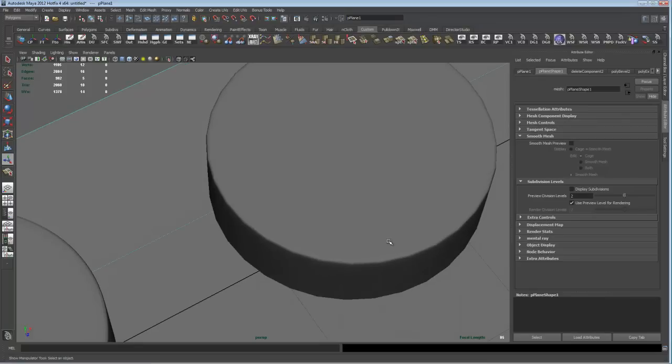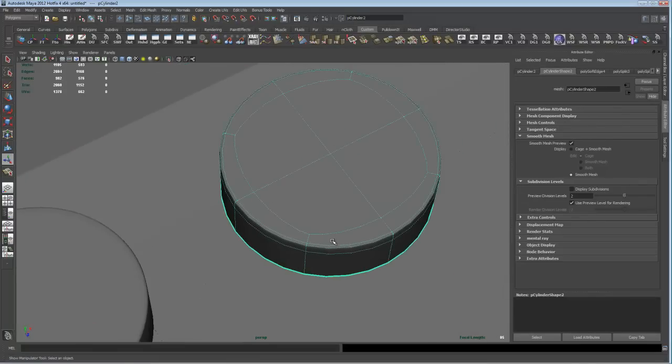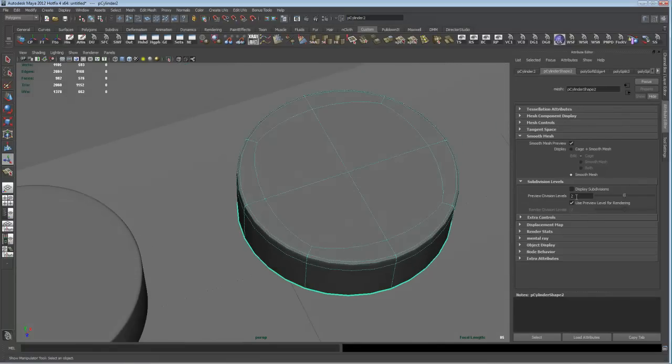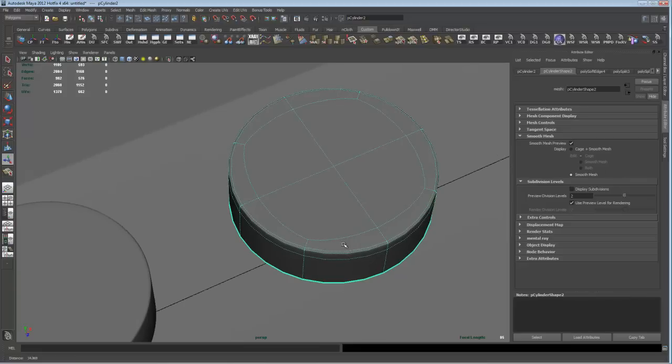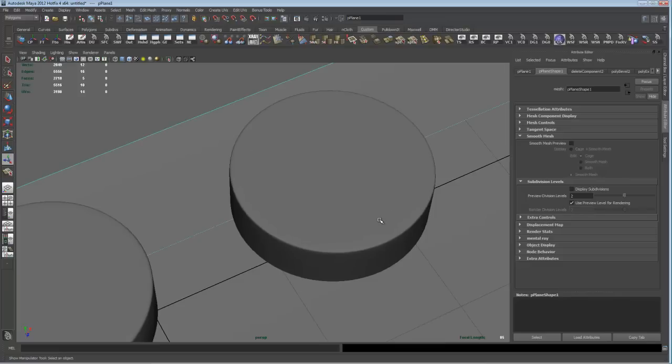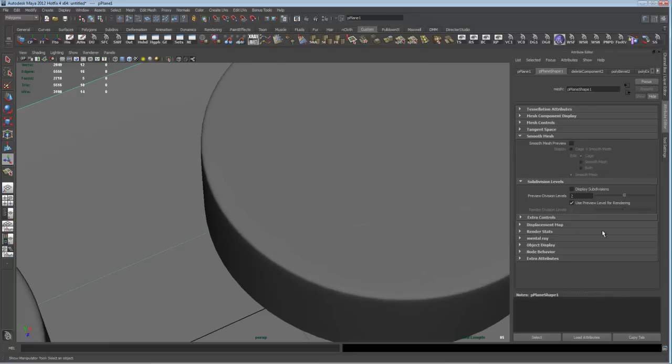So the price I paid by making this thing as low poly as I could is that now 2 subdivisions for the distance I want to get away from it is not enough. I have to go to 3 levels of subdivision to get this distance away from it and not be able to pick up, or just barely pick up, facets. If I was to get in even closer, I'd have to jump this up to 4 levels of subdivision.